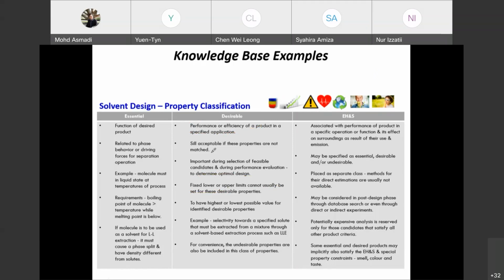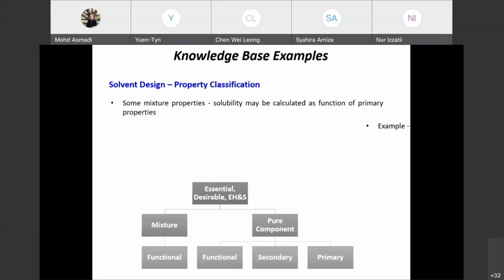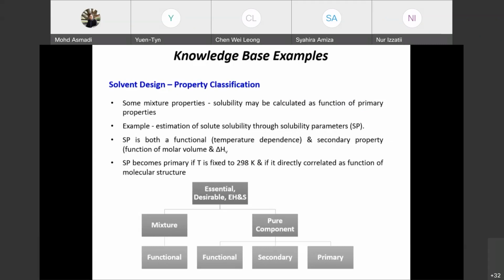And for the solvent design, the properties classification. In designing the solvent also, we can divide it into the pure properties and also the mixture. So if you look at here, mixture, essential and desirable. These are the properties. So we can divide it into mixture and the pure components. And then pure components we can divide into primary, secondary, and also functionals.